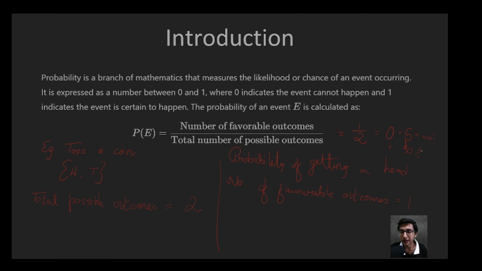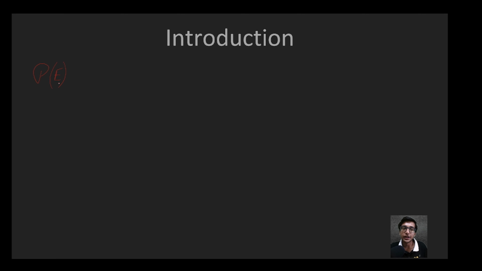So of course, one thing that we can make out from this is that probability, we represent it in this format, probability of any event occurring. This E represents the event that is occurring. So probability of any event would always be less than equal to 100%. Of course, you cannot have the probability of an event occurring be 110%, right?